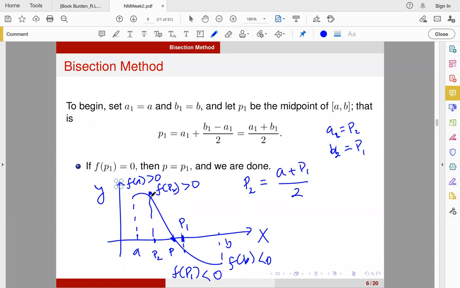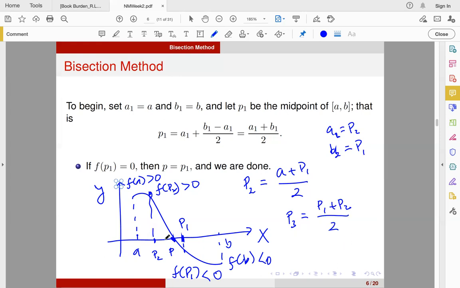Because it satisfies the opposite sign again. As you can see, now our interval becomes smaller and smaller, which contains the root P. You do the same again.